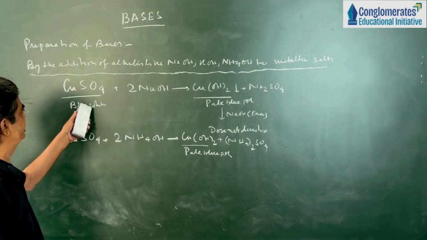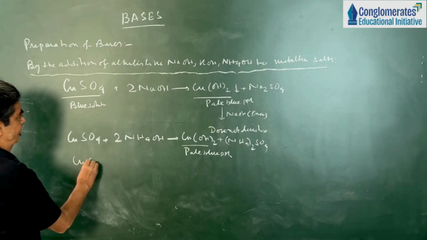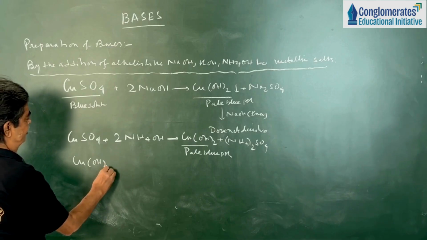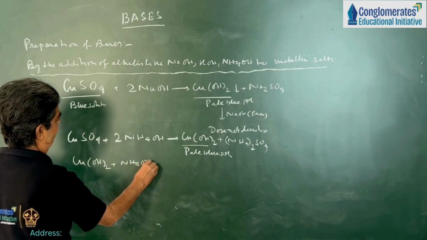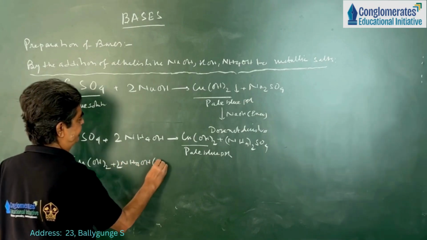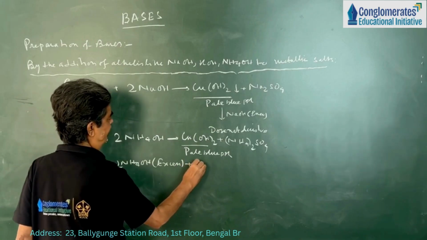Similar reactions take place in case of NaOH or KOH, but here the difference is this copper hydroxide dissolves in excess ammonium hydroxide, plus ammonium sulfate.